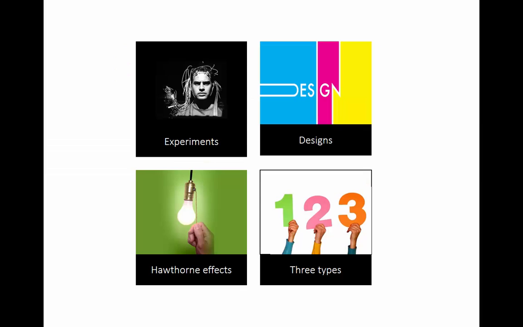So now, after experiments and designs and the Hawthorne effects, I'm going to talk in a little more detail about three different types of experiments. You already came across one of them, and the other one, most likely you came across as well. And the last one is these quasi-experiments or natural experiments that I'm very fascinated by.